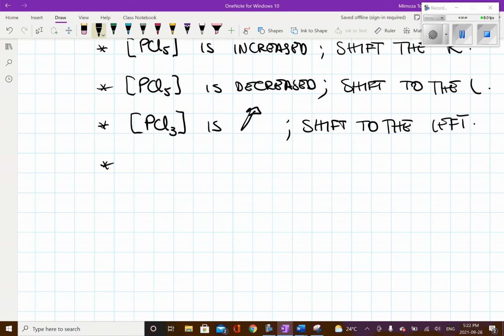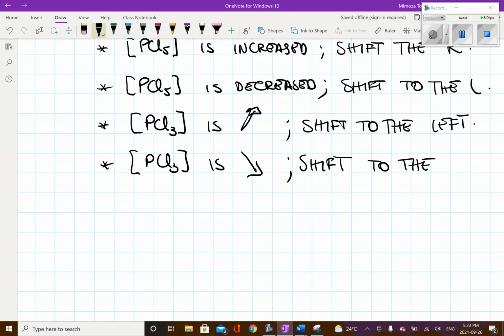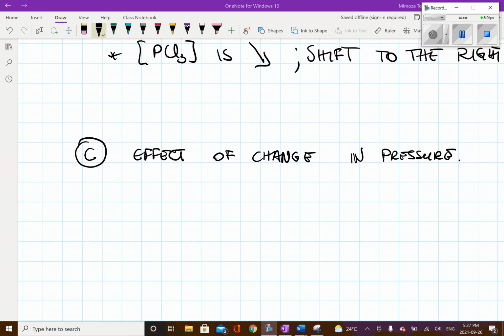And if the PCl3 concentration is decreased, the shift will happen to the right. The same thing will happen for chlorine as it does for PCl3.